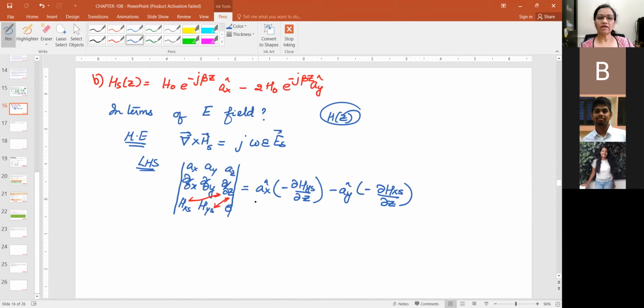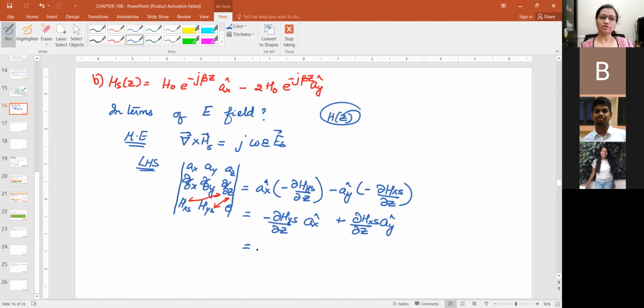Or I'll write it as minus dou Hys by dou z in the ax cap direction plus dou Hxs by dou z in the ay cap direction. So just differentiate. Take these components and differentiate with respect to z. The first component you're going to take is going to be the ay component. So take it and differentiate.